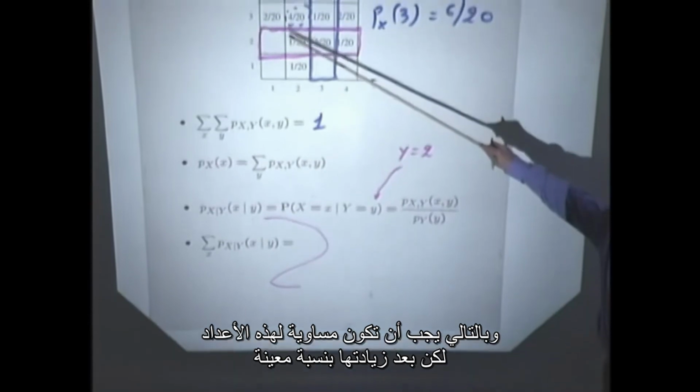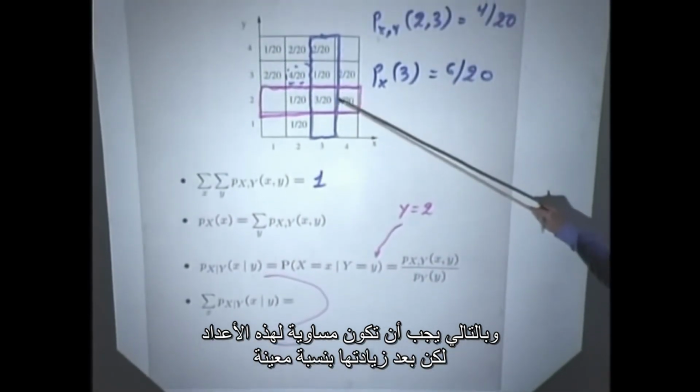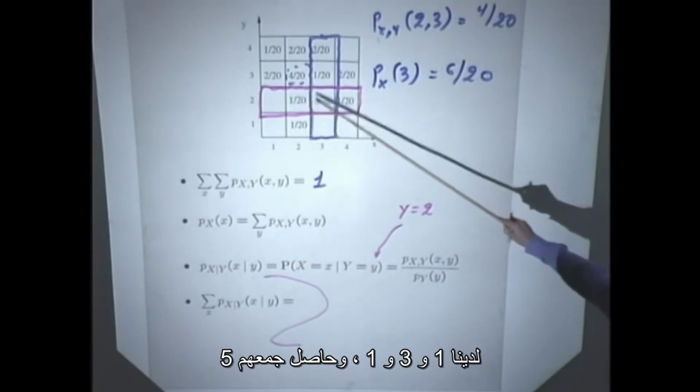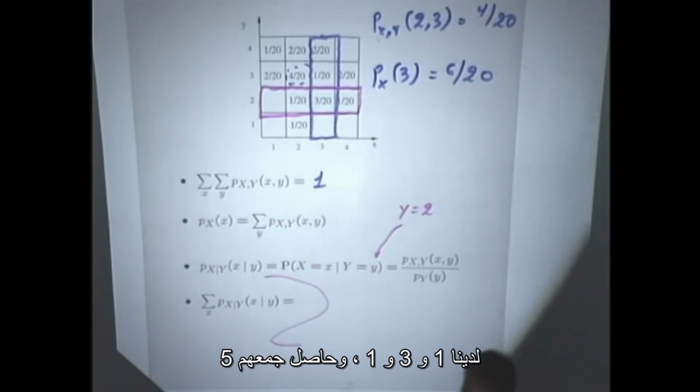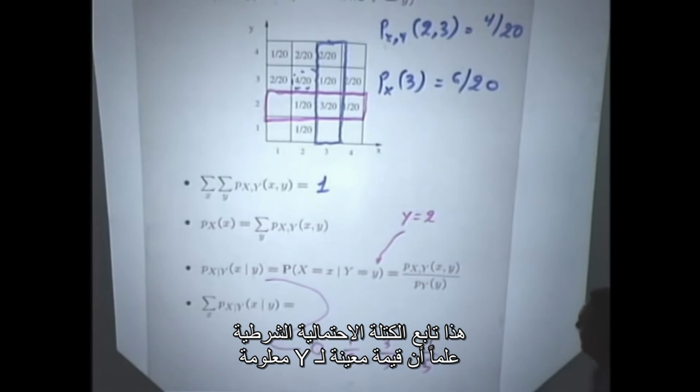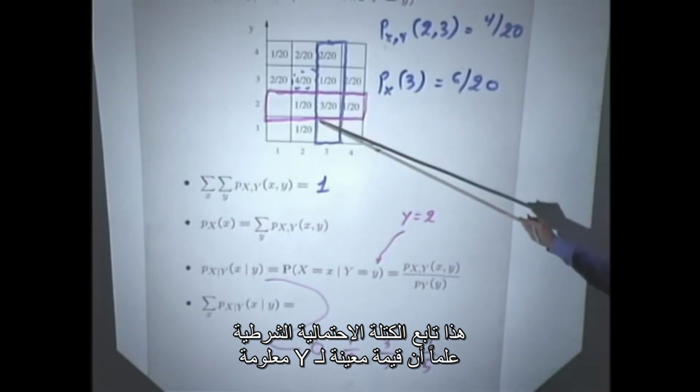So it's going to be those numbers, but scaled up, and they need to be scaled so that they add up to 1. So we have 1, 3, and 1. That's a total of 5. So the conditional PMF would have the shape 0, 1/5, 3/5, and 1/5. This is the conditional PMF given a particular value of y.